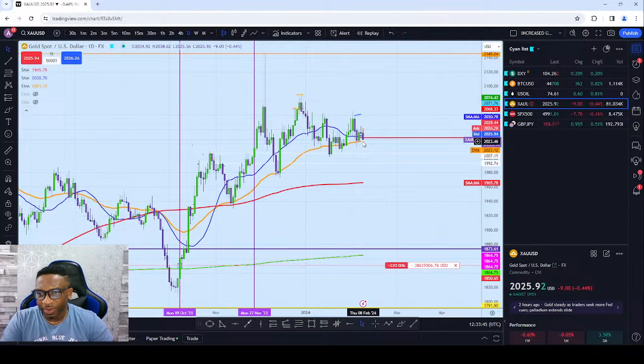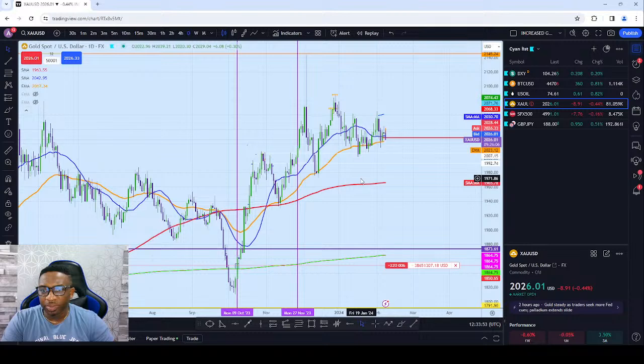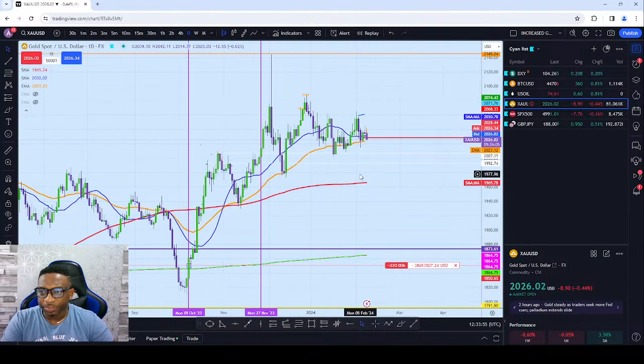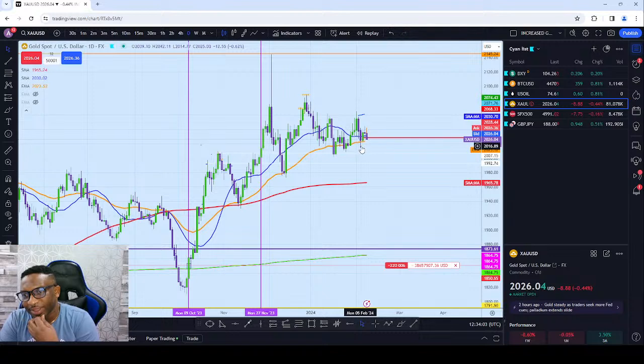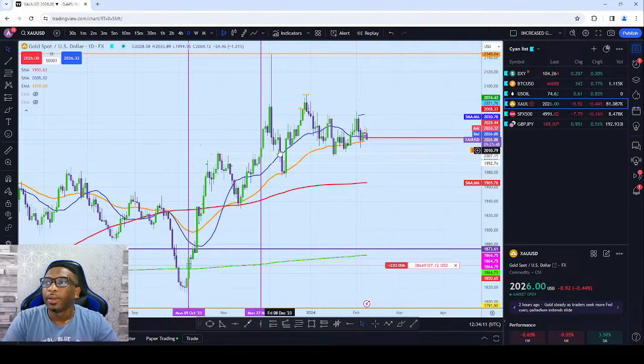So there is a high probability that it could push down to this low before turning around. If it breaks below this 50 moving average, then there's a probability that it could get further low here.